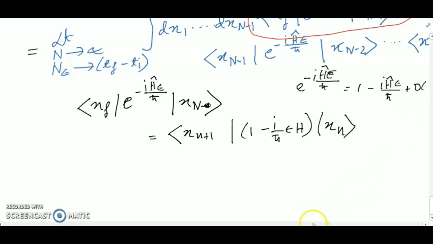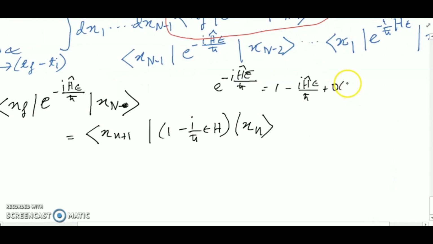Okay, higher order term is negligible. This term is 0, so this is my value, so I get this from here.